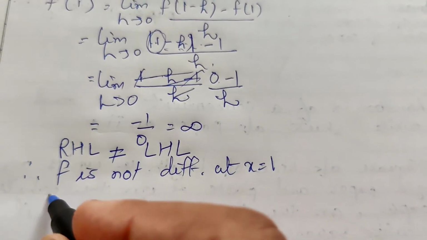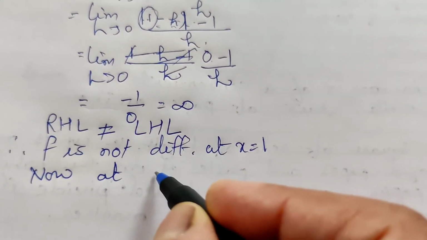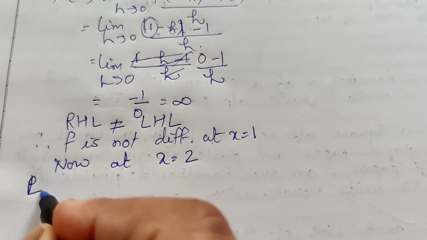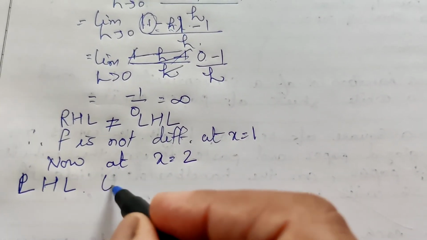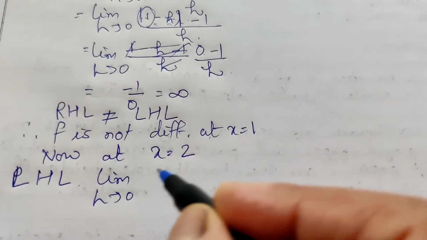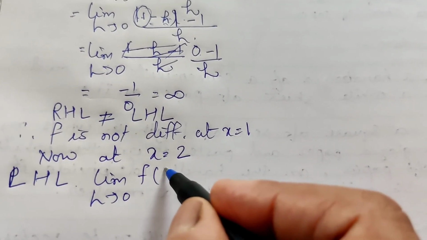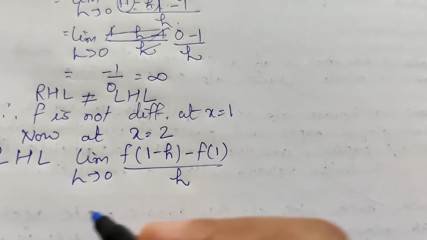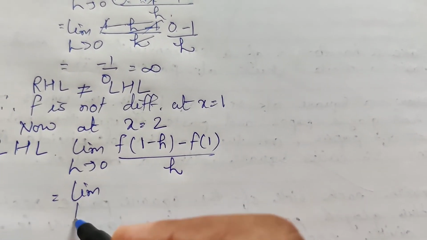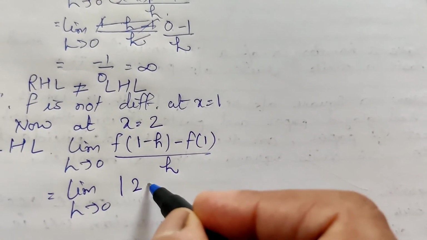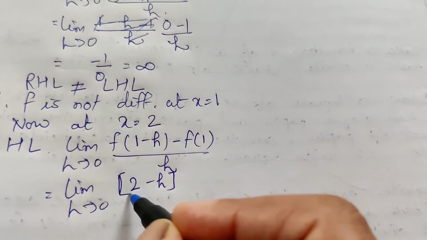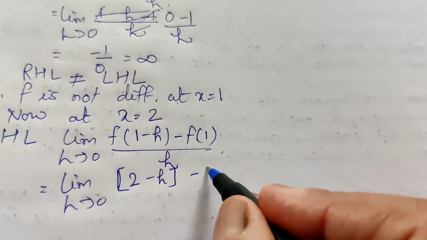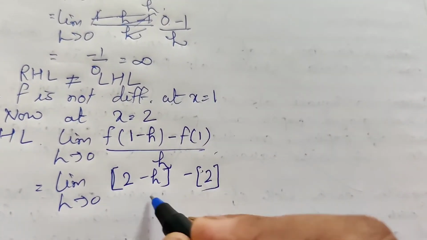Now at x equal to 2. The same way, check the right hand limit and the left hand limit. Left hand limit is equal to limit h tends to 0 of the function 2 minus h minus f of 2, by h. f of 2 is equal to 2.